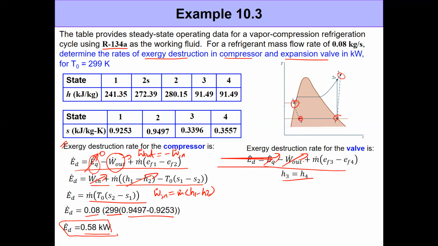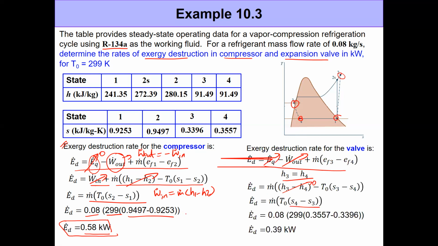H3 is equal to H4. So when we calculate the exergy destruction, the first part cancels out. We are just left with the change in the entropy, and when we plug in the values, it comes out to be 0.39. This is as per our expectation, right? It should be lower than what we have here.